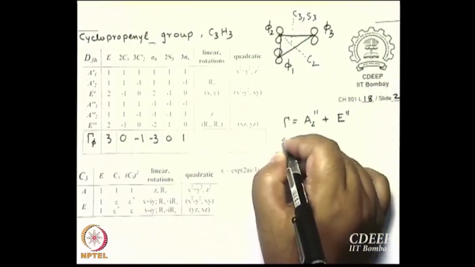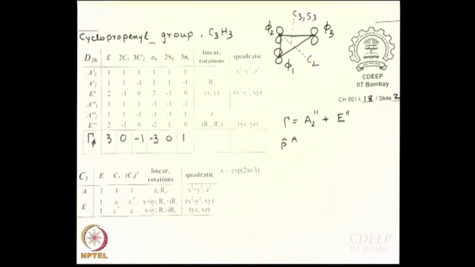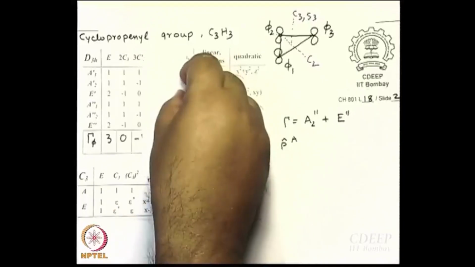You can just use the projection operator of A. Okay, what is the correlation? A2 double dash becomes A, is that right? Let me cover everything other than what is relevant. I don't need this.